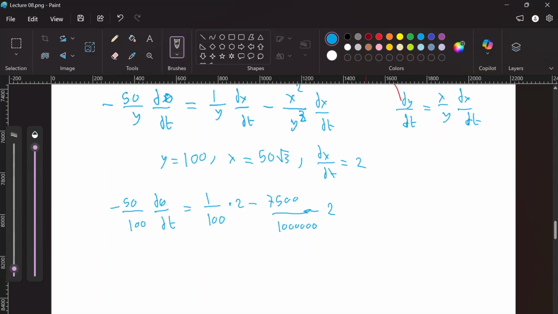Now you use a calculator and when you simplify all this using the calculator, you will get d theta over dt. So first you calculate this and then you divide by this value. So you will get what? You will get minus 1 over 100 radians. The unit is radians, okay?